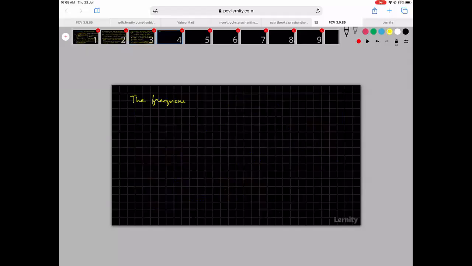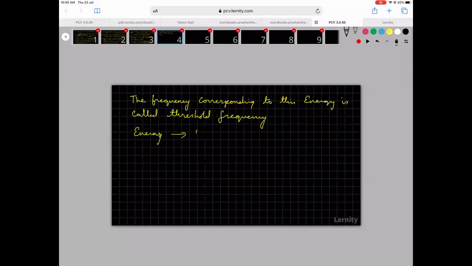The frequency corresponding to this energy is called threshold frequency. That energy is also referred to as the work function.